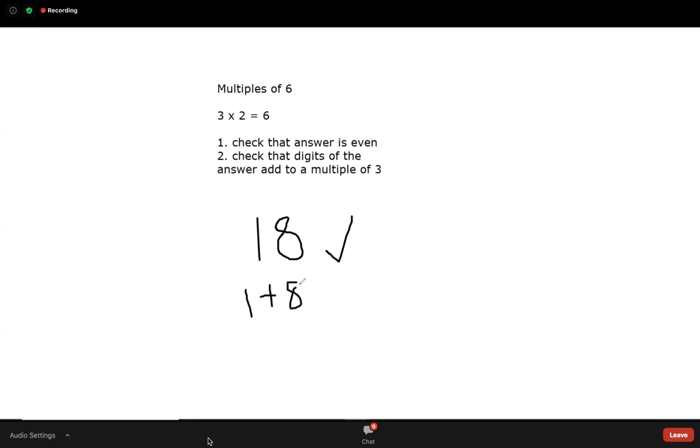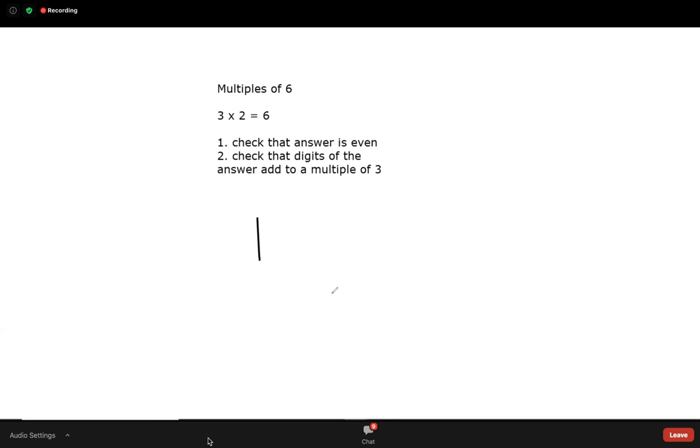So 1 plus 8 will give us 9. Then 9 is a multiple of 3. So if 9 is a multiple of 3, then 18 is a multiple of 3. And when it comes to these checks, if either of the checks is wrong, it's not a multiple of 6. You need both checks to have a multiple of 6.